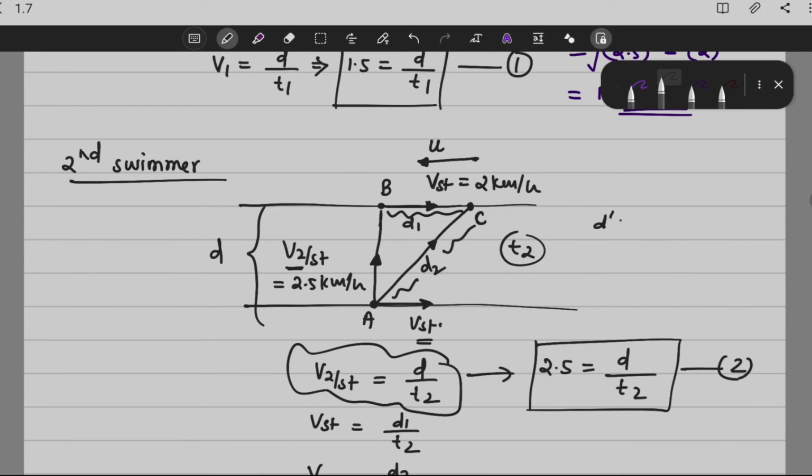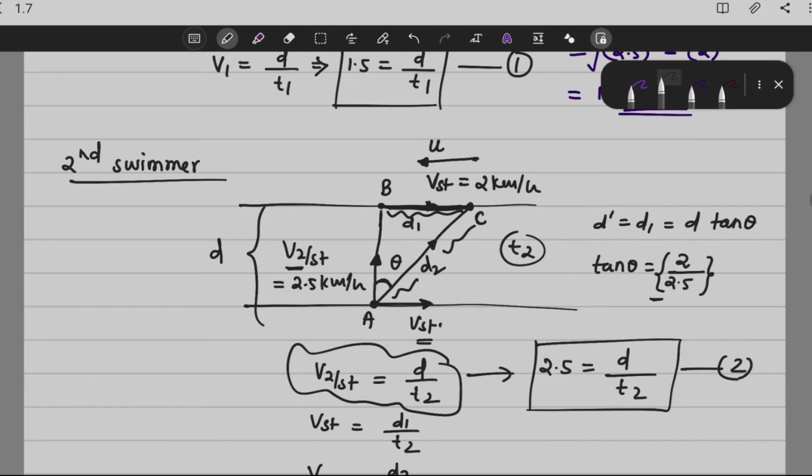D dash is nothing but d1, which is equal to d times tan theta if this is theta.